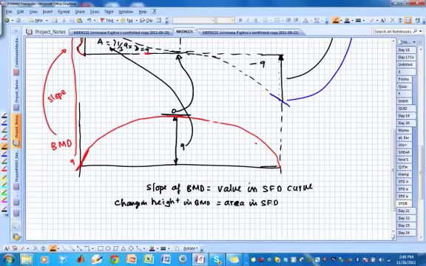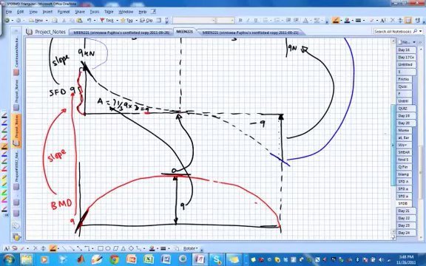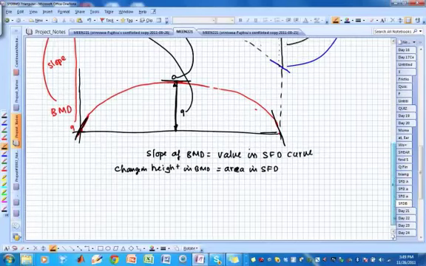The slope of the BMD equals the value. So the slope here is equal to the value of the SFD curve, which is 9. The slope here equals value, which is 0. The slope here equals value, which is minus 9. The height here equals the change in height from here to here. The change in height equals area, which is 9. The change in height equals area, which is minus 9. Okay, and that's it.